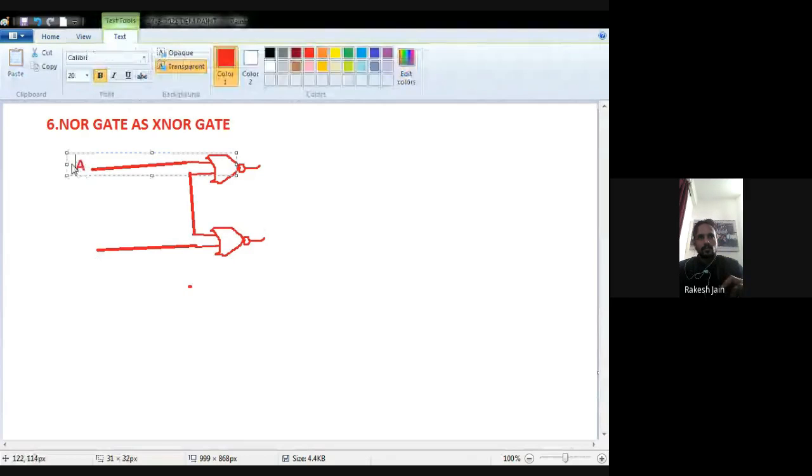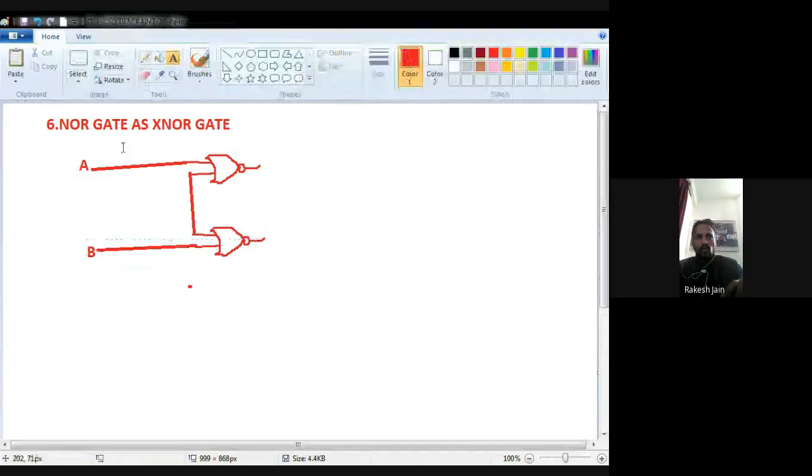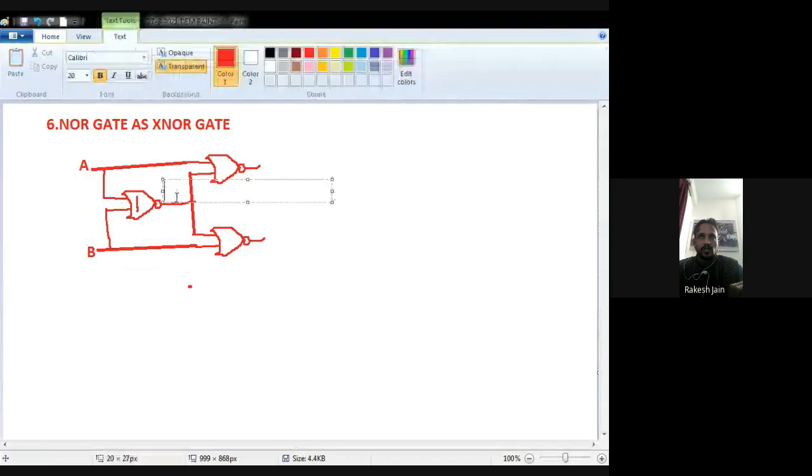One input is A and the second input is B. Now one more NOR gate, in which the inputs are connected also with this A and B. So one input is A, one input is B, and the output is connected directly with this common line.